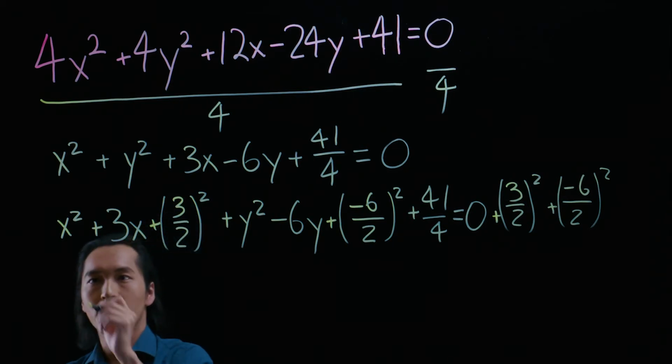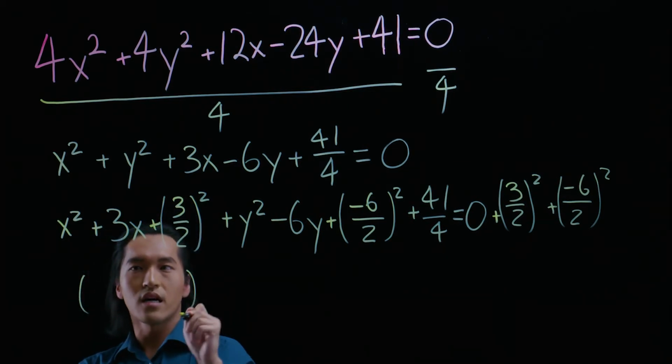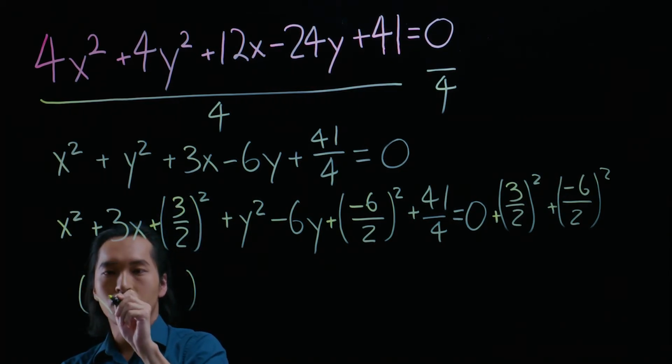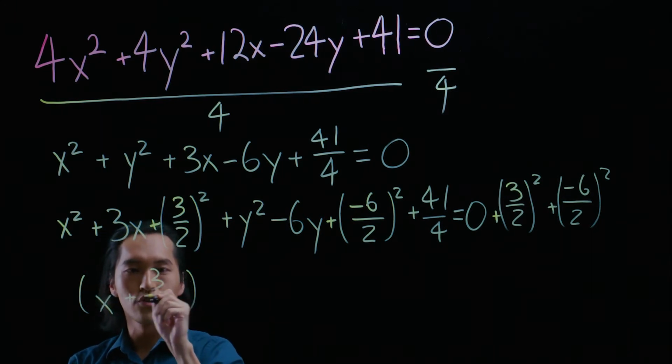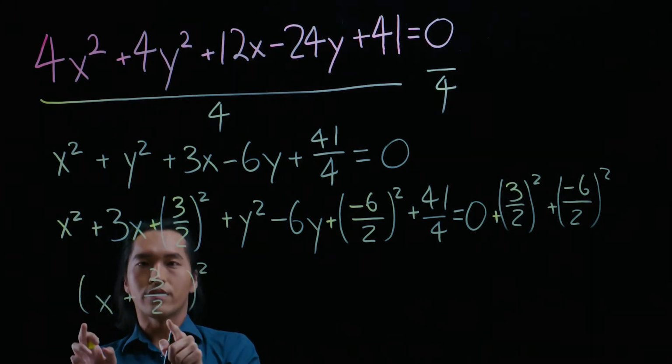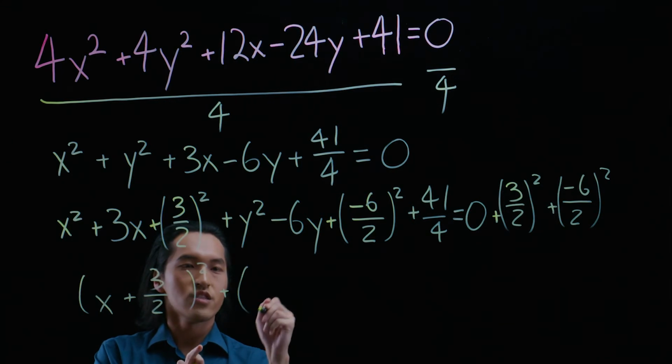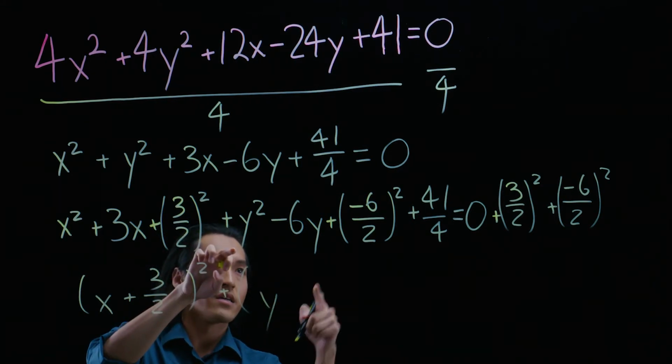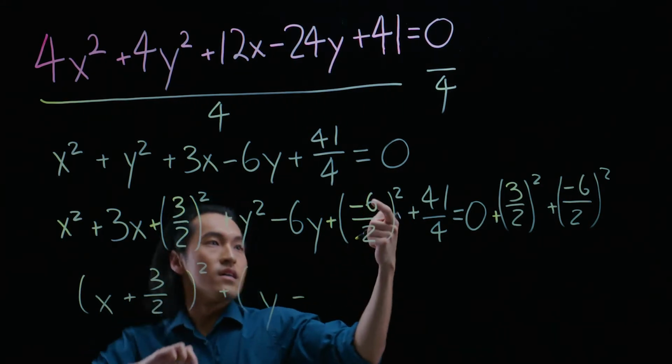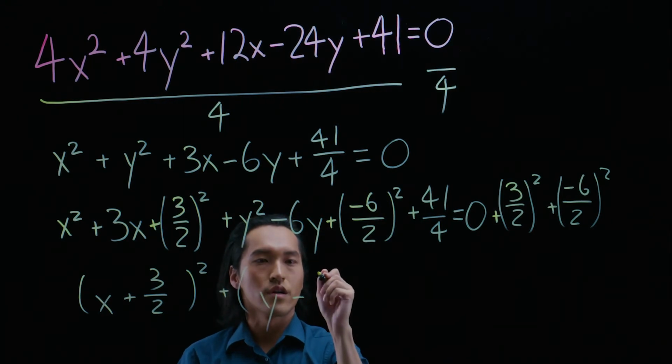Now we can complete the square. This now becomes x plus 3 over 2, all of that squared. And meanwhile here, this just becomes the first term, y, minus this squared.